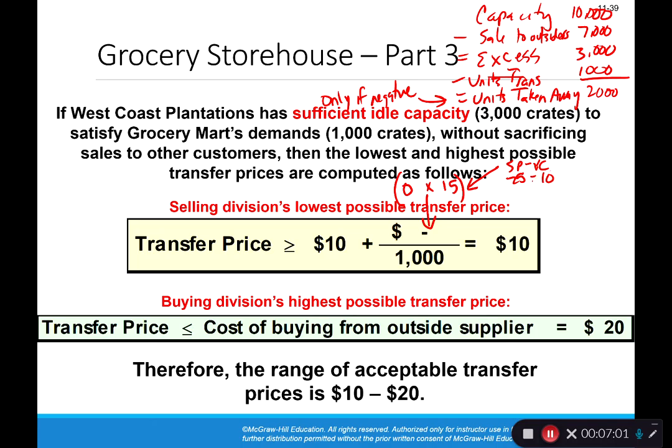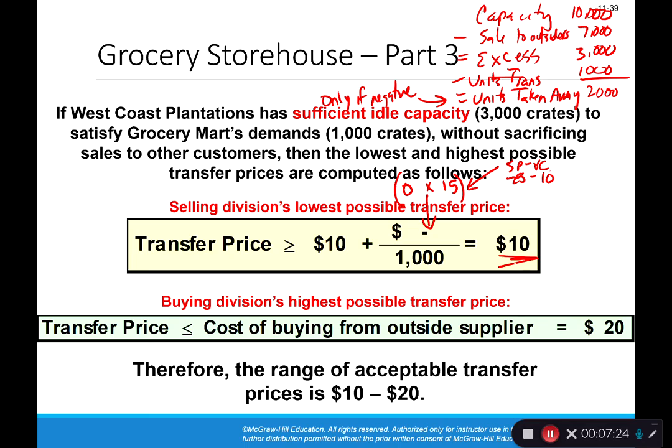Their variable cost was 10. So 0 times anything is 0, so we don't really need to go through this, but I just want you to understand where the number truly is coming from. So that's why 0 is in the numerator, and then you divide that by the total units transferred, which is 1,000. But of course, 0 divided by something is 0, so you end up at the variable cost of $10.